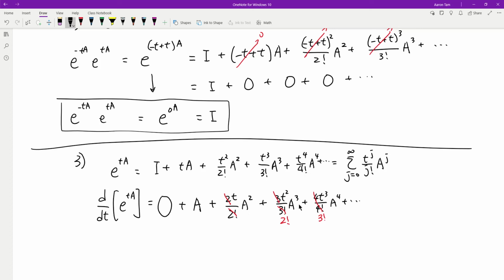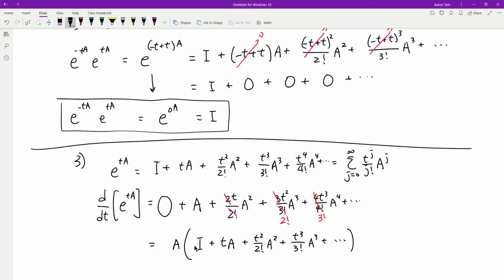But lucky for us, the first term dropped out to be 0, and now I have a common factor that I can factor out. So now if I pull out an A from all of them, I will now have I plus tA plus t squared over 2 factorial A squared plus t to the third over 3 factorial A to the third plus dot dot dot.